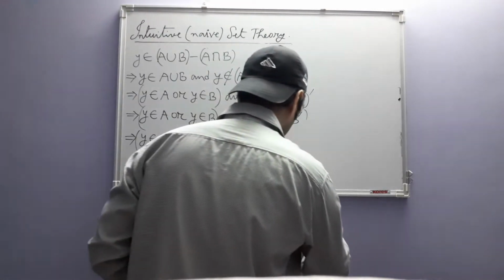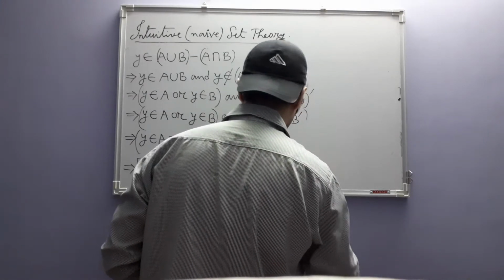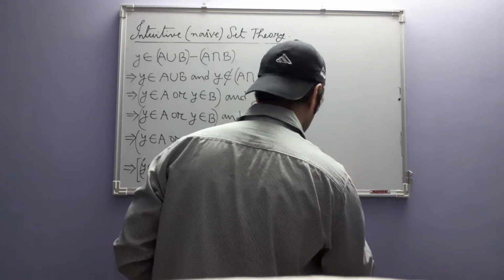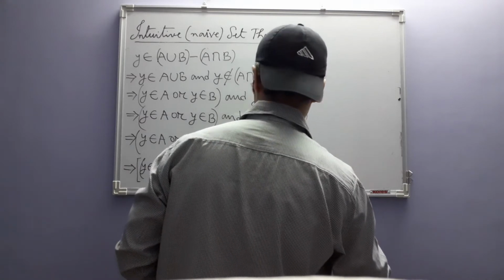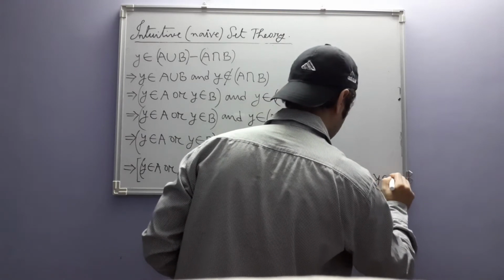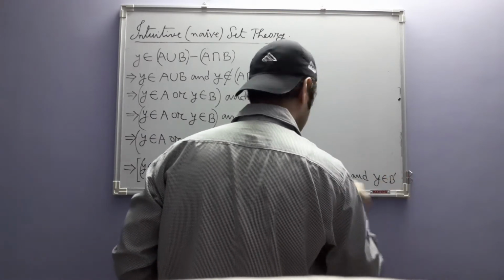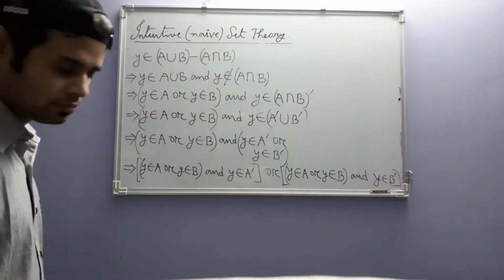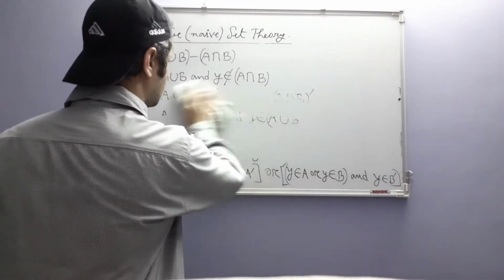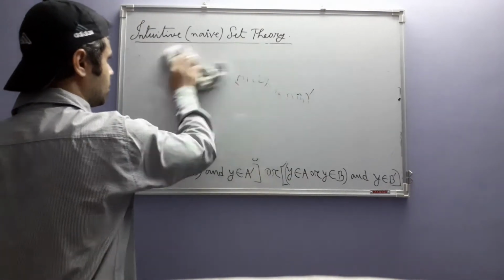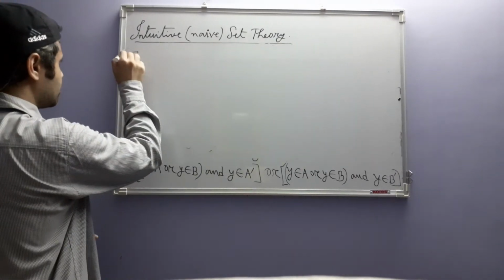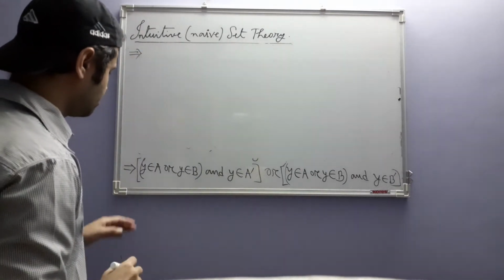Okay, Y belongs to A or Y belongs to B and Y belongs to B complement. So I can wrap this much up and continue from here.